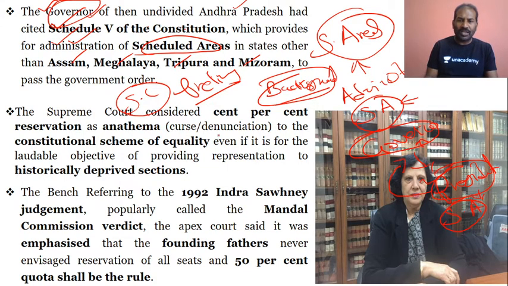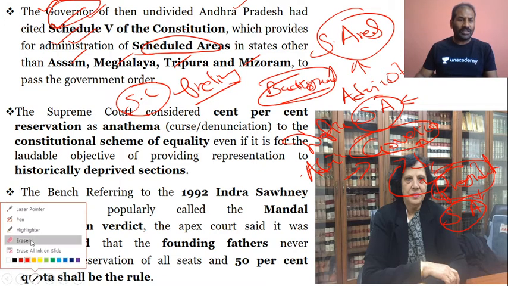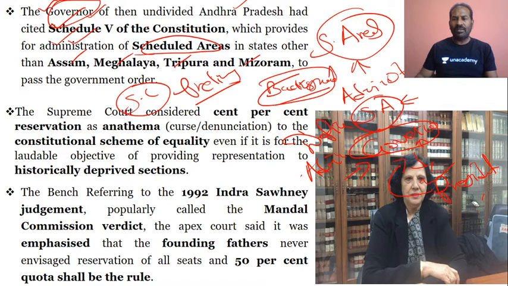Once the scheduled areas are defined, then for administration the governor will come into action. Please do understand, the defining is by the president in consultation with the governor, and the administration is taken up by the governor of the particular state.